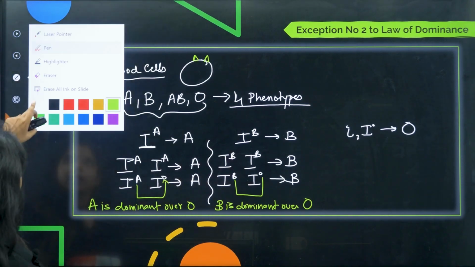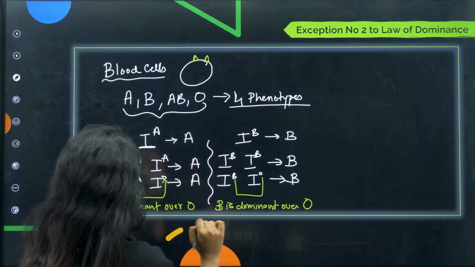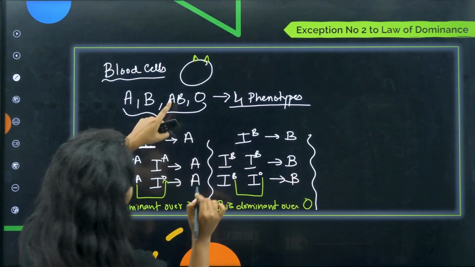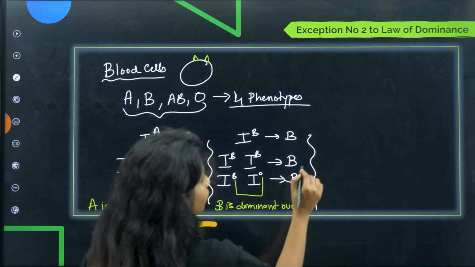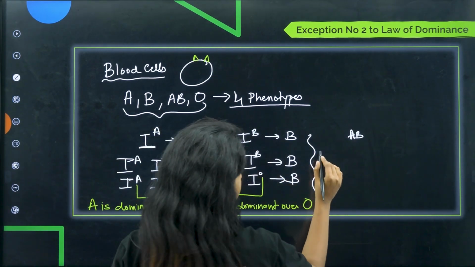Now, going ahead with O blood group, I want to shift it a bit because we have not talked about AB blood group. We have to talk about AB also. When does a person get AB blood group? Let's see.